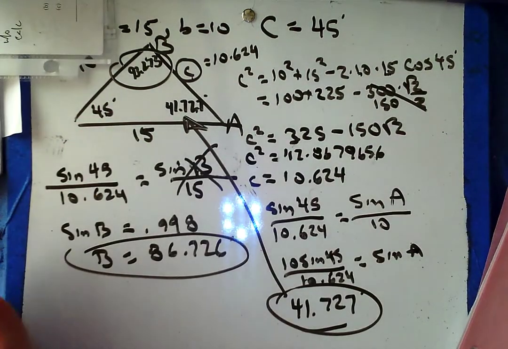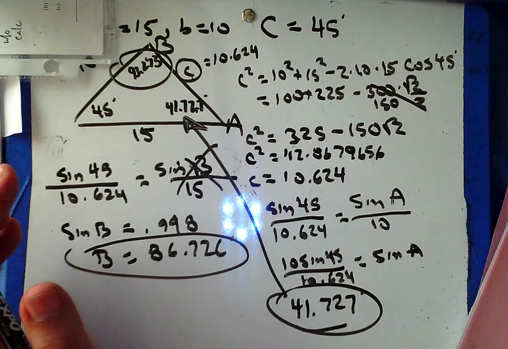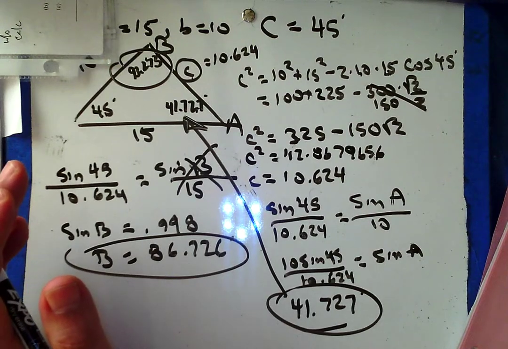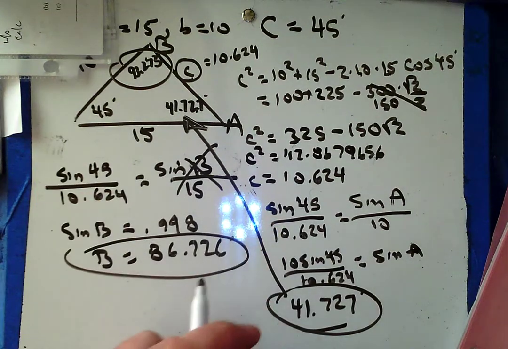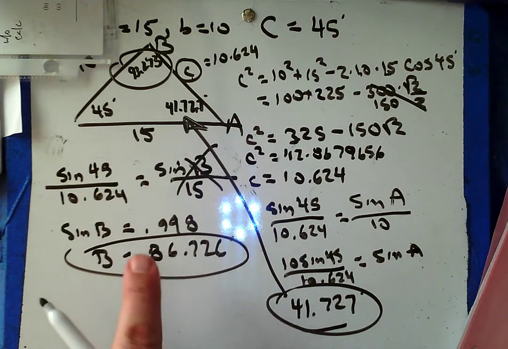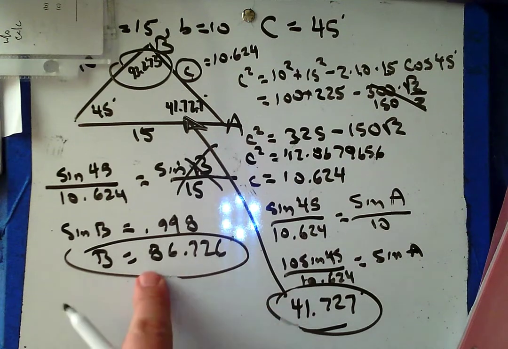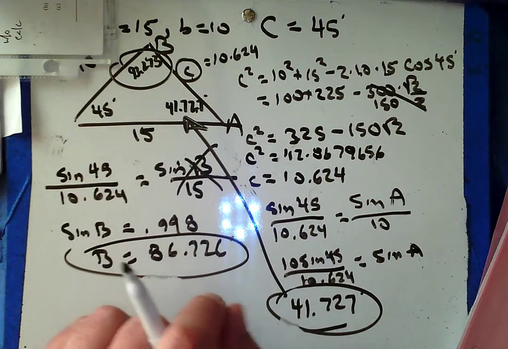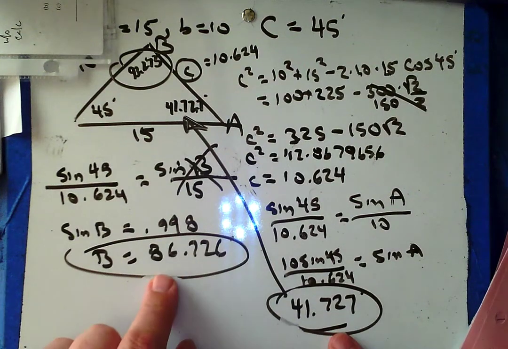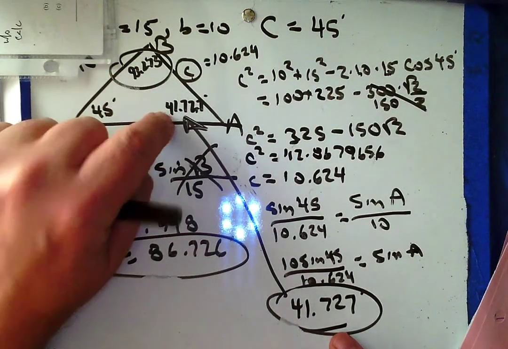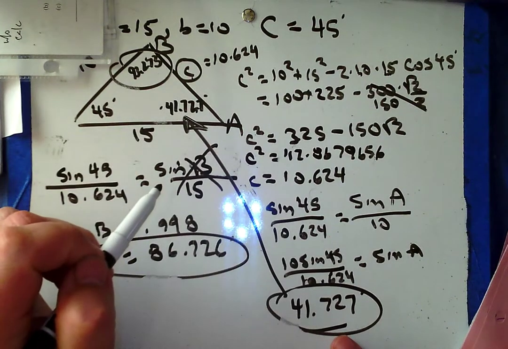So here's the thing about switching to law of sines. If I want to switch to using law of sines after starting with law of cosines, then I have to be careful about which angle I find first. Huh, what do we know about these two angles? Well, this is the smaller one.